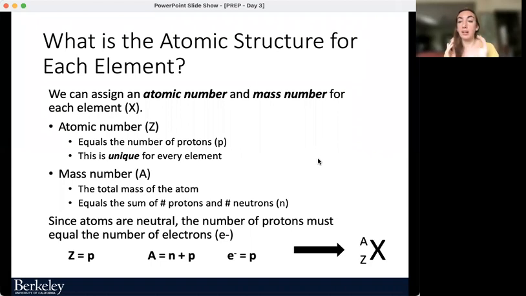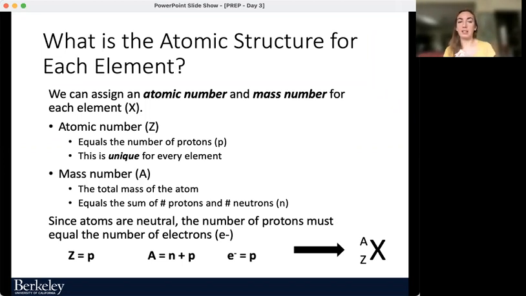And so the way that we often write this is what I'm showing here. I'll show an example in a minute with real numbers and a real element, but we write it with the name of the element. So that'd be hydrogen, helium, whatever is where that X is.